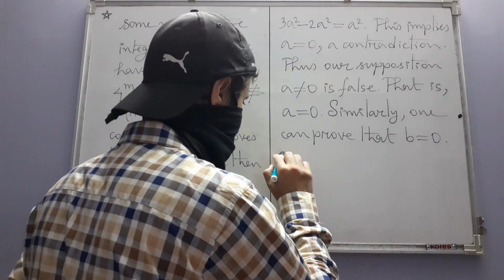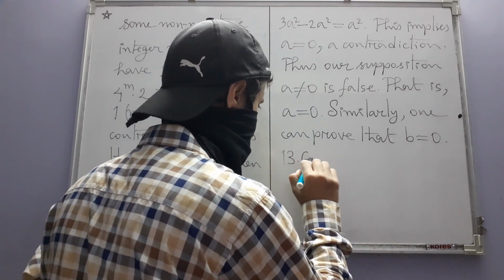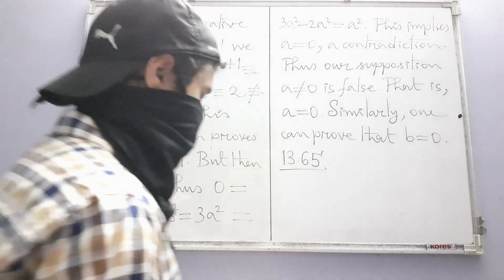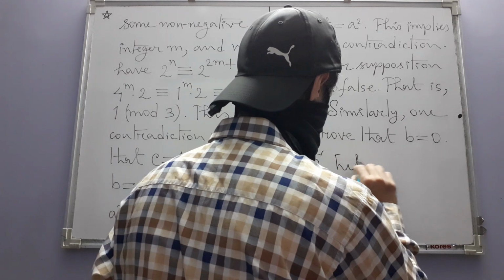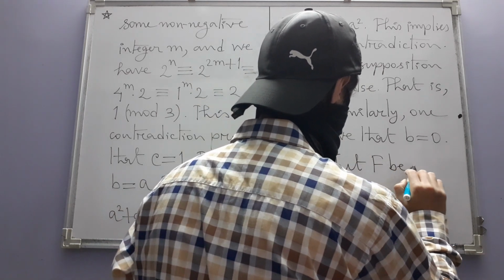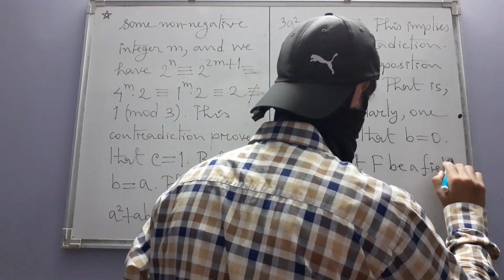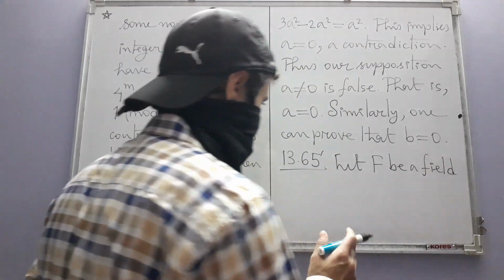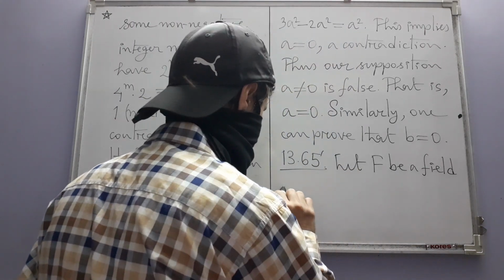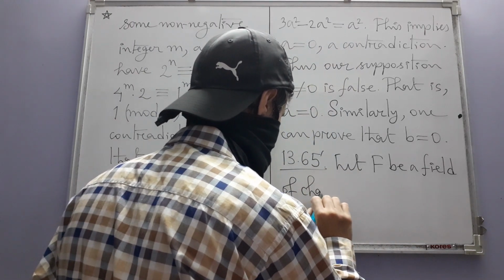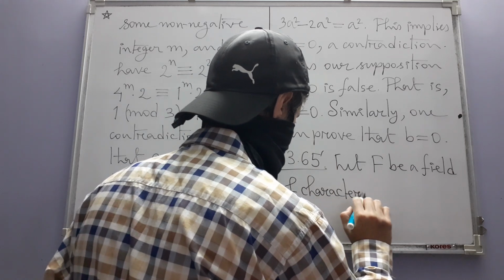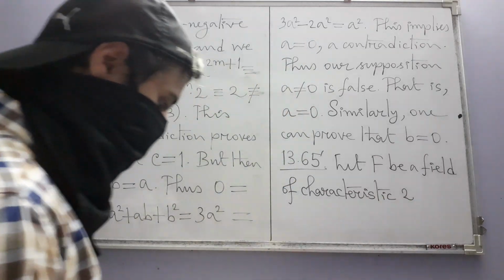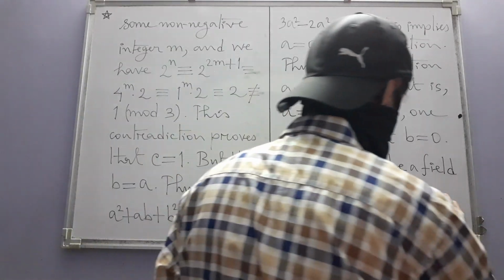And finally, let's see one more. (65). Let f be a field of characteristic 2. So it's here it's given that f has characteristic 2, with more than 2 elements.